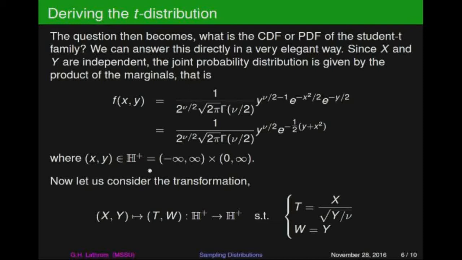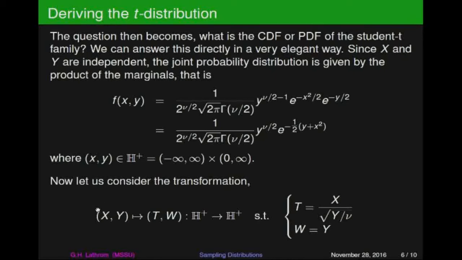Now Y can only take on values from 0 to infinity. And so our joint probability distribution is defined on the upper half plane, from minus infinity to infinity cross 0 up to infinity. So we've got the upper half plane here.